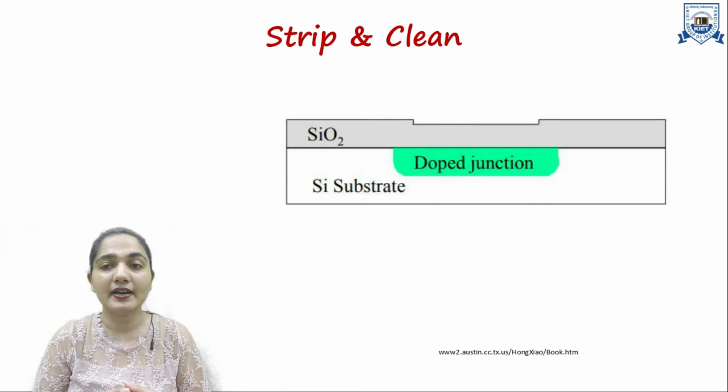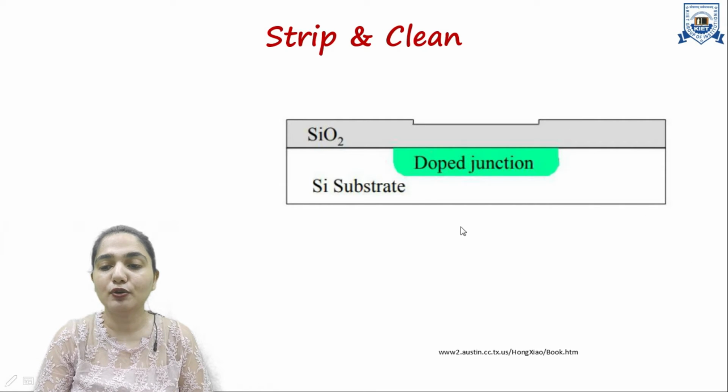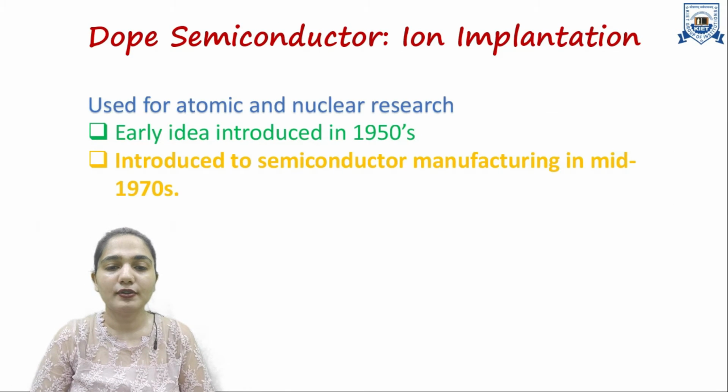We don't want our concentration of the dopant to be varying inside the silicon substrate. So we want higher controllability, so that we can have a controlled junction, but for that we have to make sure that we have a highly clean environment. So then we have the ion implantation technique.